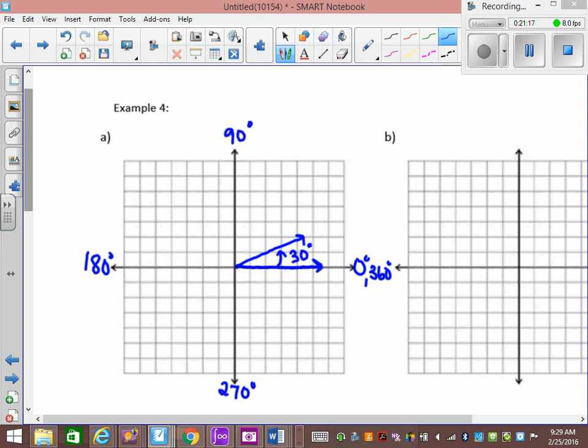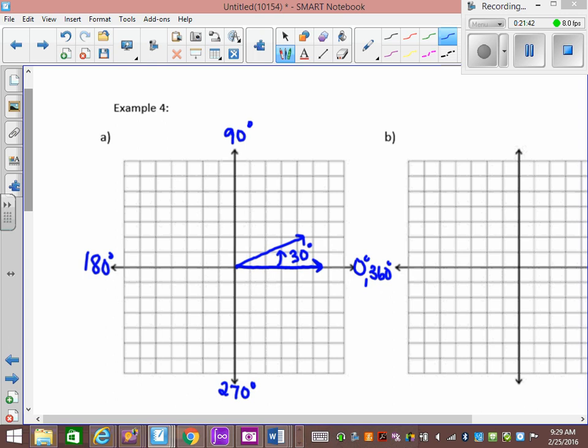So it's 30 degrees, but I want you to tell me what's the reference angle. The reference angle is the angle between the terminal arm and the x-axis. It's always positive. So how far is it from the terminal arm to the x-axis? It's kind of a trick question for this one. 30. Whenever your angle is in the first quadrant, your reference angle is whatever the angle is.